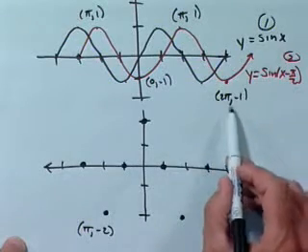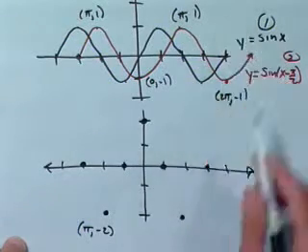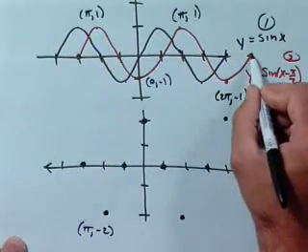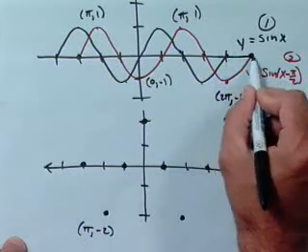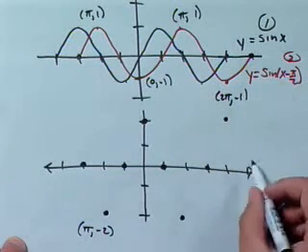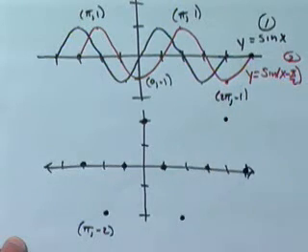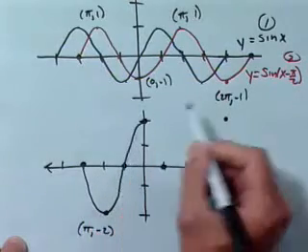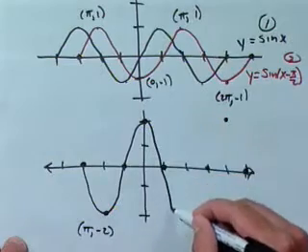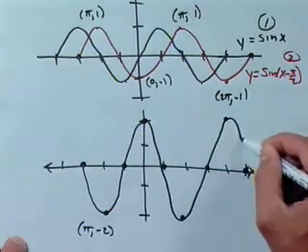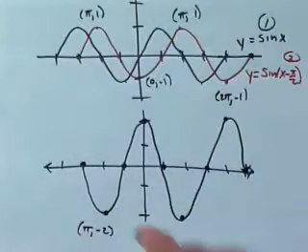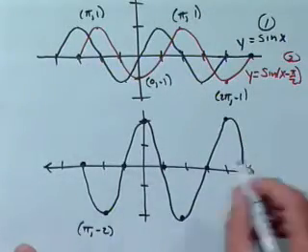So that point's going to go to (2pi, 2). And this point over here will remain at 0. And now I can sketch. And notice what it really did was it just stretched our previous graph. Okay? It stretched it, and it flipped it over. Okay, so there's the graph.